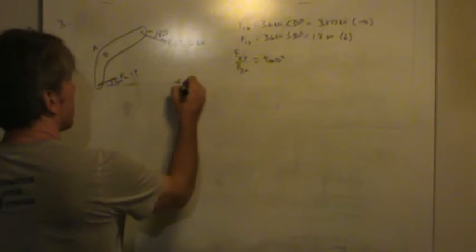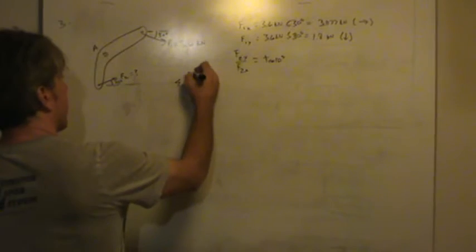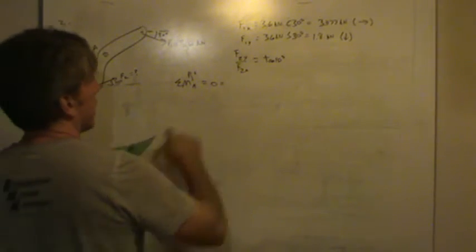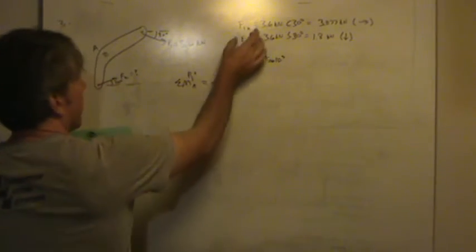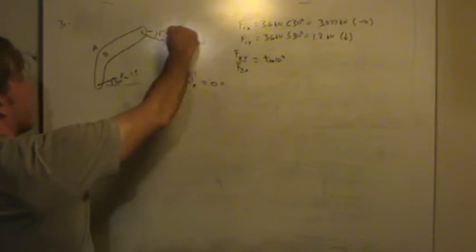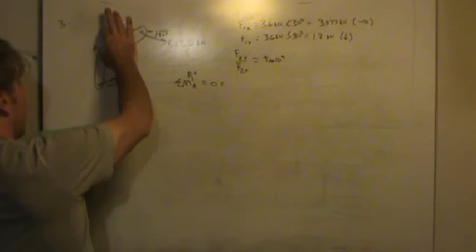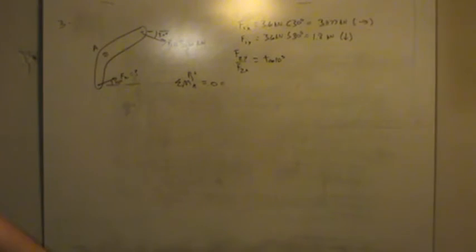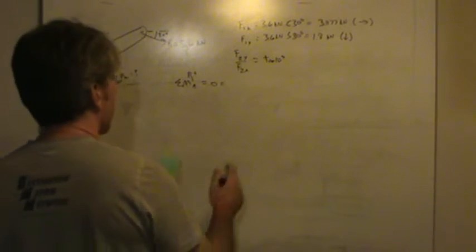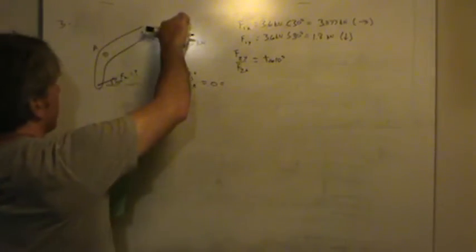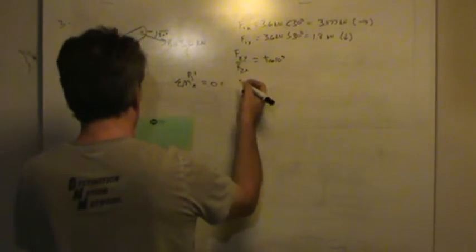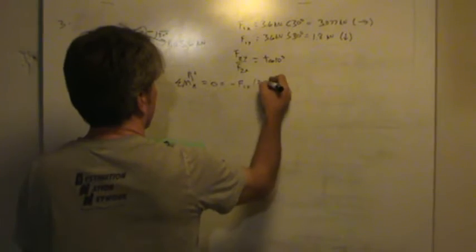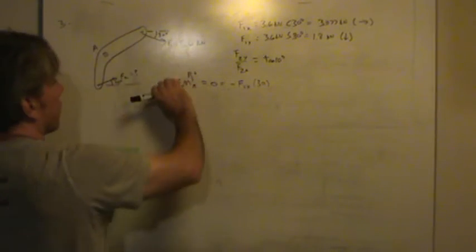Now I can sum moments about A. I'll take counterclockwise as positive. They should sum to 0. But let's take care of the F1s first. The x component of F1 has a moment arm whose height, where's the figure? The height is 30 millimeters. F1x causes a negative moment, so negative F1x times 30 millimeters is the moment of the x component of F1.